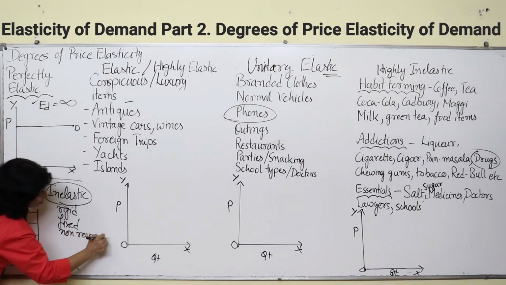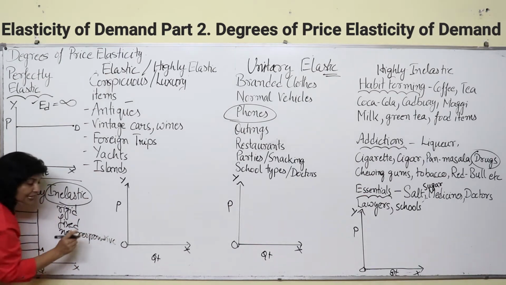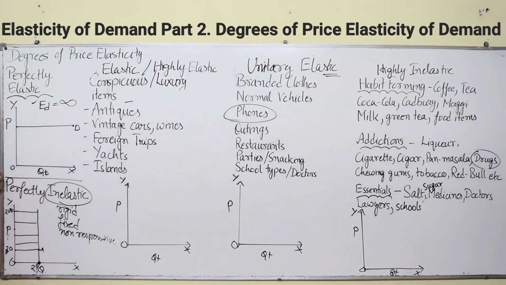And this happens for commodities which are essentials, which are habit forming, or which are used for addictions like liquor, etc., which cannot be changed. That means people do not wish to change, or they cannot change. Your medicines, liquors, cigars, cigarettes, salt, sugar, all these things can come under this category.